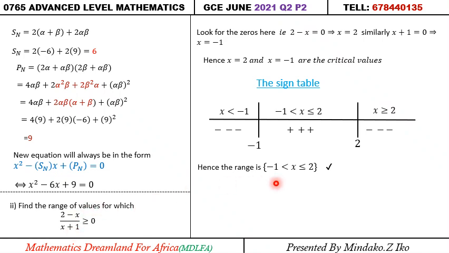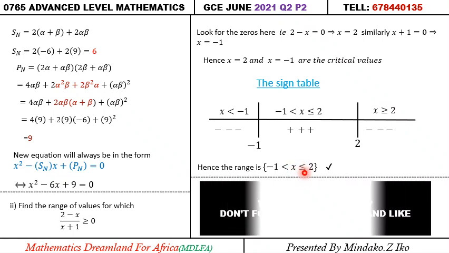That is why x should not be -1. x should be strictly greater than -1, meaning x can be any number greater than -1 but not -1. That is why I include values of x strictly greater than -1 and less than or equal to 2. So that is it.